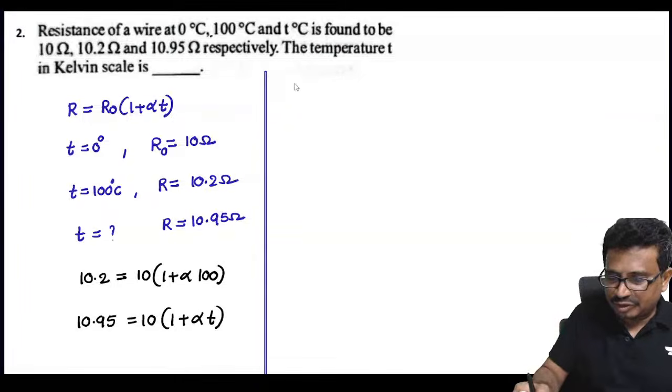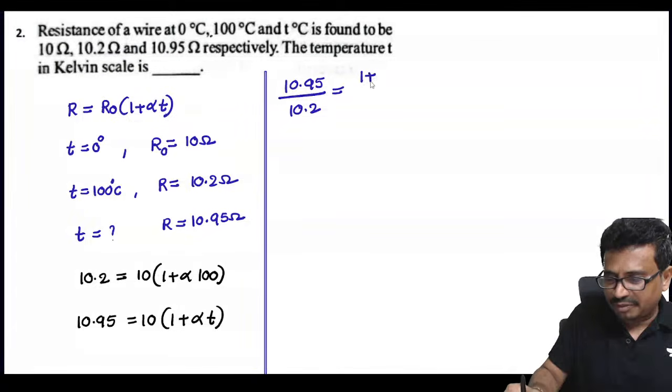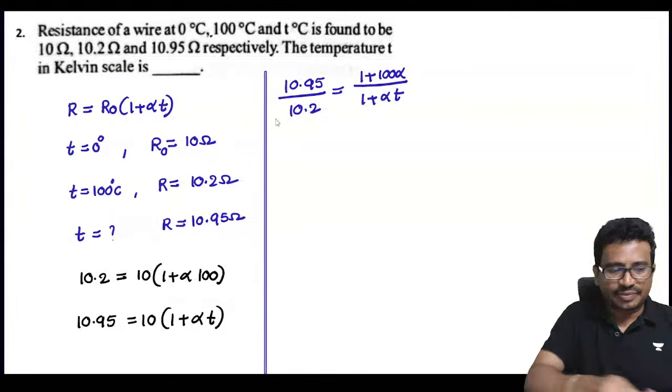If I take the ratio between these two, 10.95 by 10.2 equals 1 plus alpha T by 1 plus 100 alpha. Now you can simplify this.